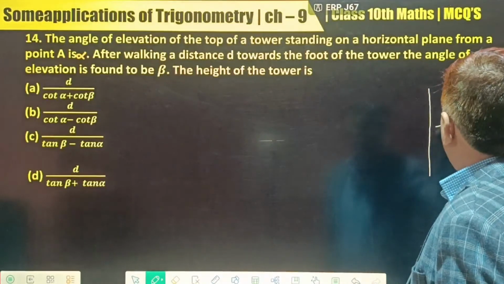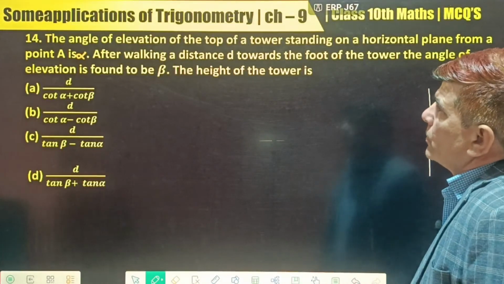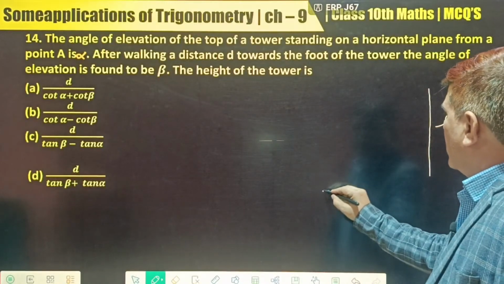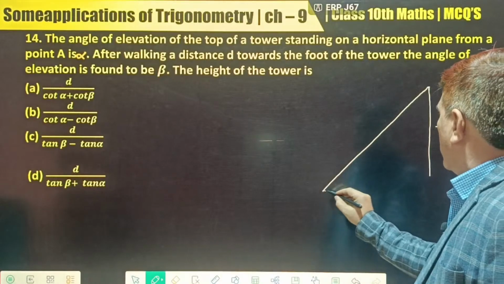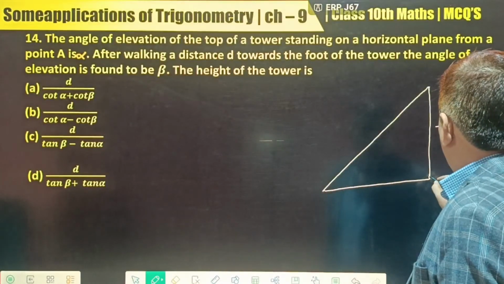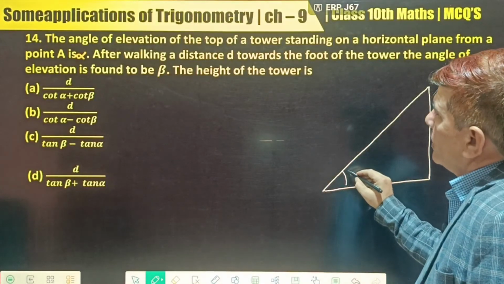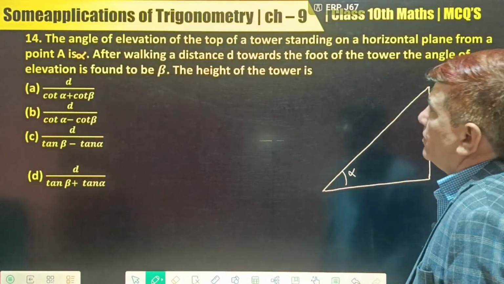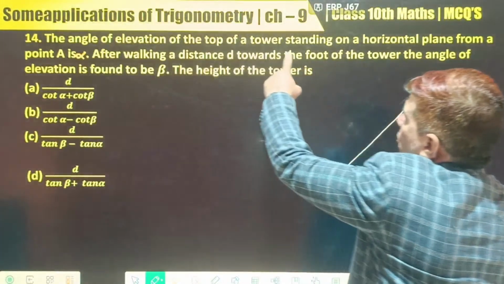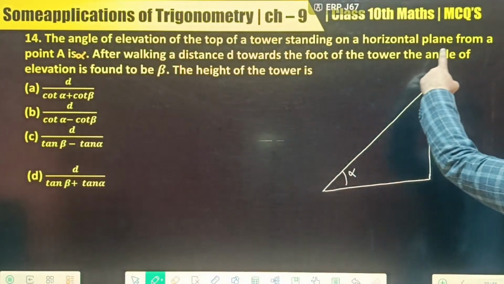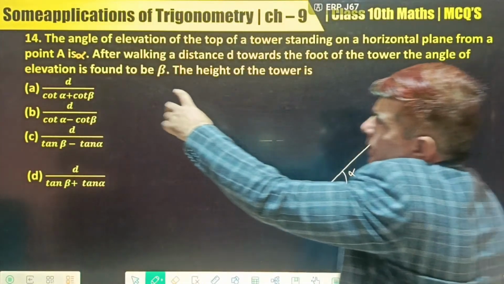Its height is H. And point A is here. So this angle is alpha. The angle of elevation of the top of the tower from point A is alpha.